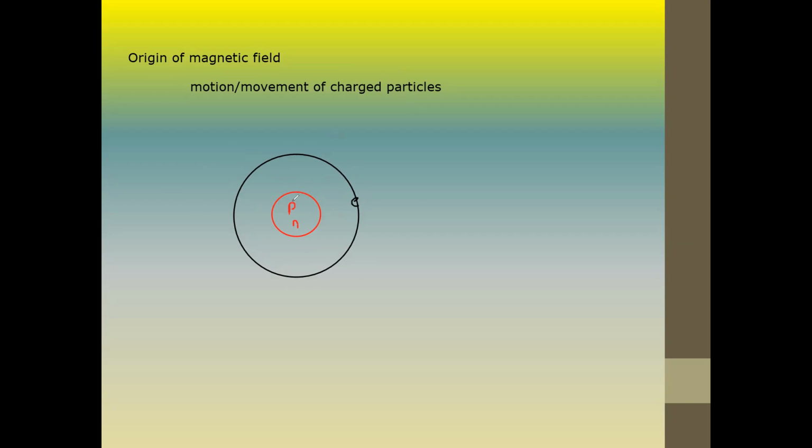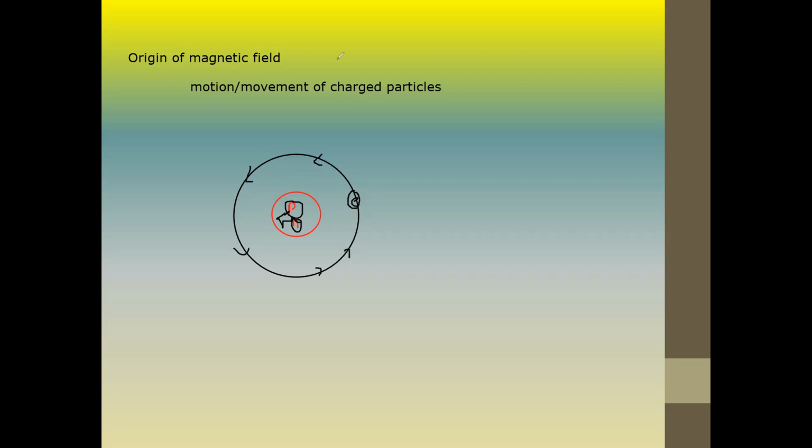So there is a proton, which is a charged particle, inside the nucleus, and this proton is not stationary, it is moving. So there is a movement of the charged particle inside the nucleus, and there is a movement of the charged particle around the nucleus, which is the electron.